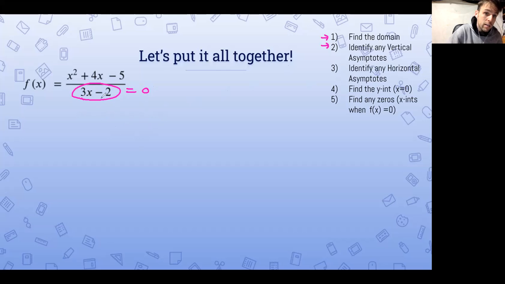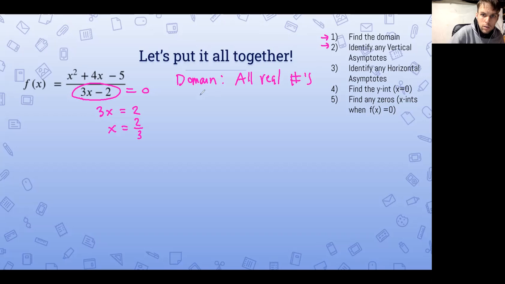This is a linear polynomial, so we can just solve this by adding 2 to both sides and dividing by 3, and we get 2/3. So we're going to have a vertical asymptote at 2/3, and our domain is going to be all real numbers except x equals 2/3, and our vertical asymptote is going to be x equals 2/3. Pretty easy there.